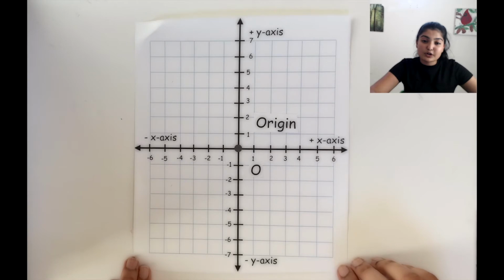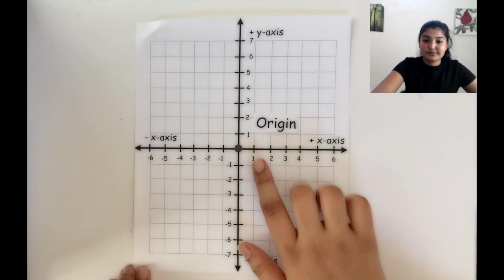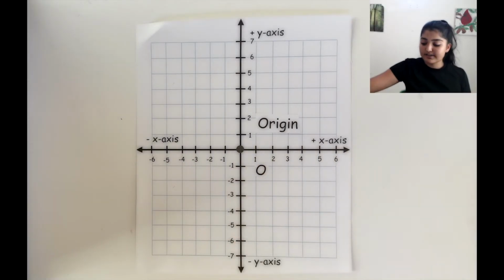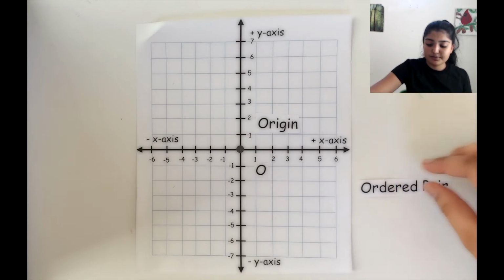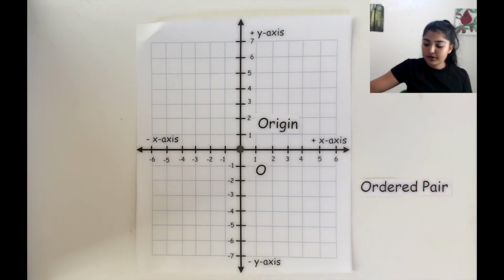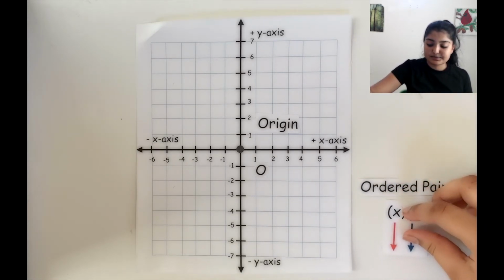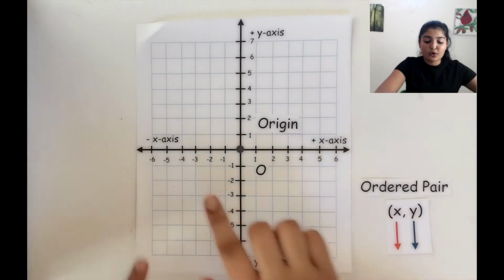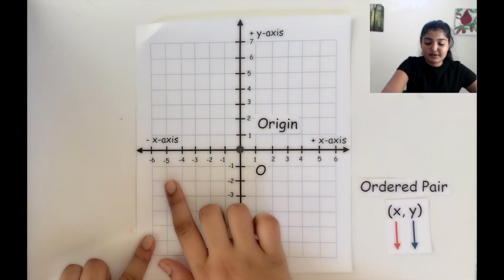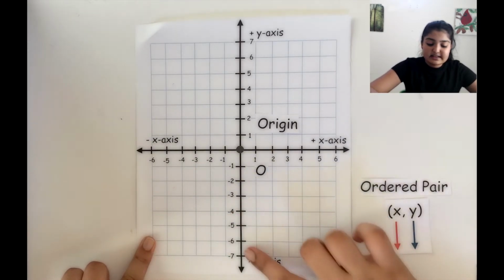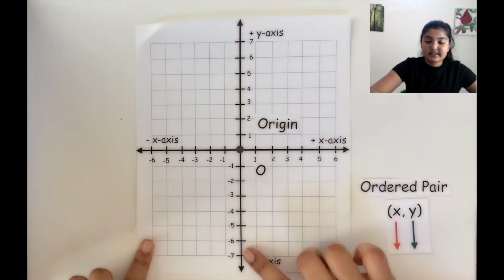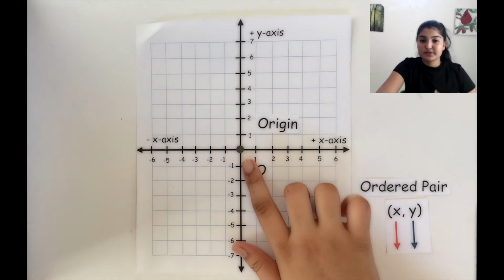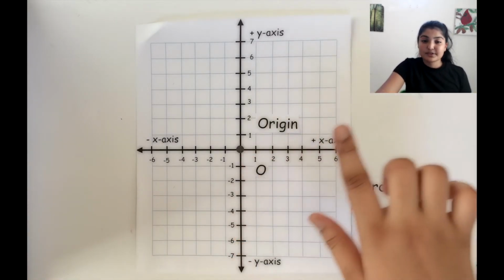Well, what's the ordered pair of the origin? In order to find the ordered pair, we can write it like this. X is the horizontal distance and y is the vertical distance to get from the origin, or the starting point, to another point.